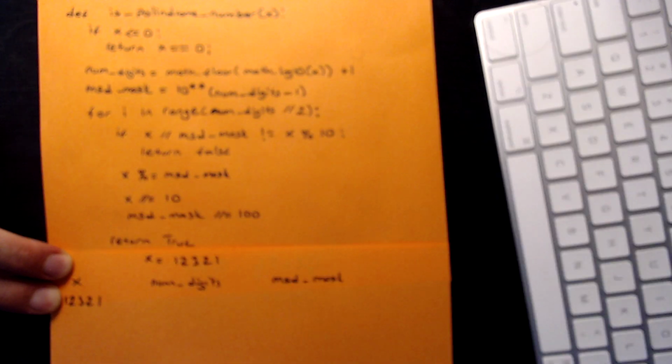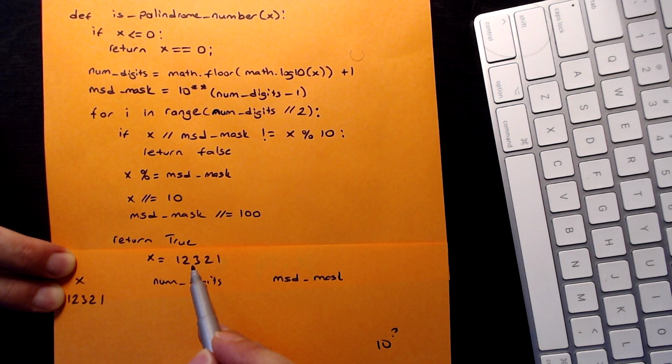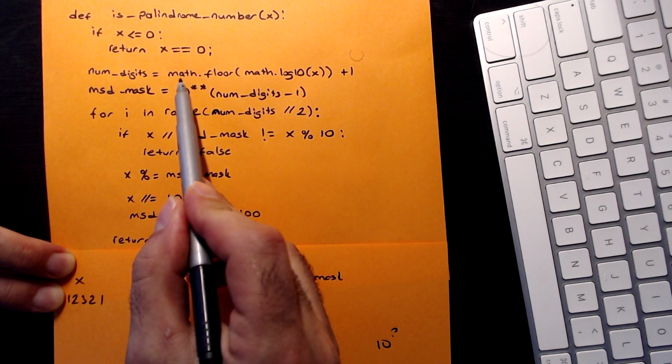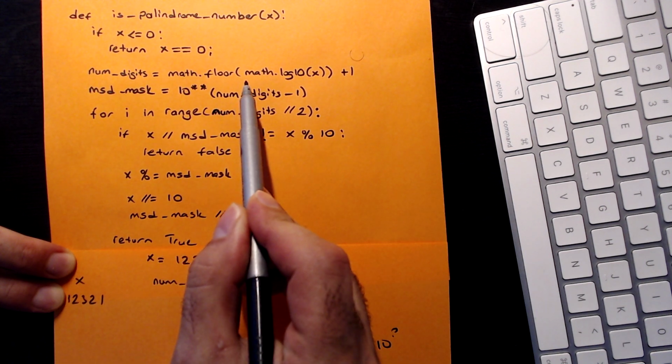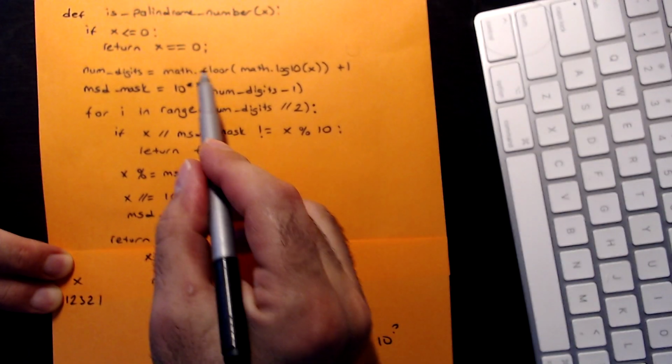Looking back at the example that we went through, what we are asking is: what is the power of 10 that's going to give me 12,321? 10 to the 4th is 10,000, so that's going to be 4 point some number, right? But because we are taking the math floor, we're going to ignore any digits after the decimal point. So we're going to get 4 from here.